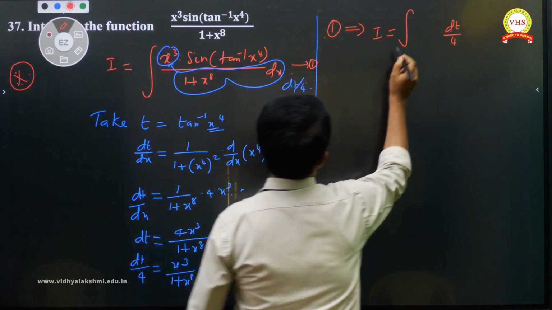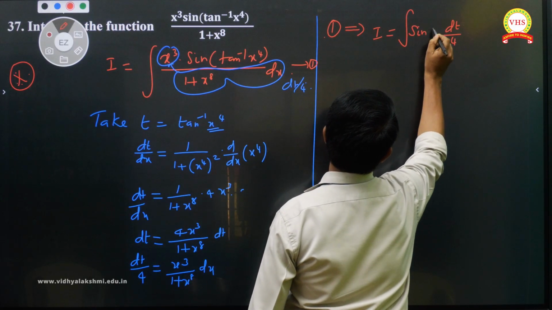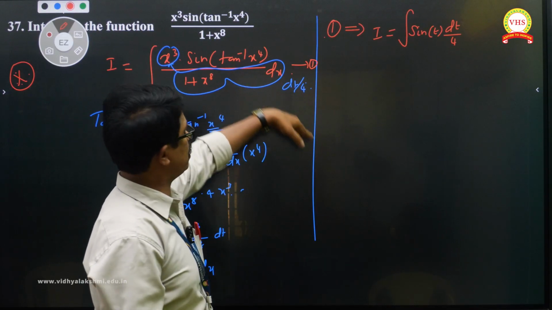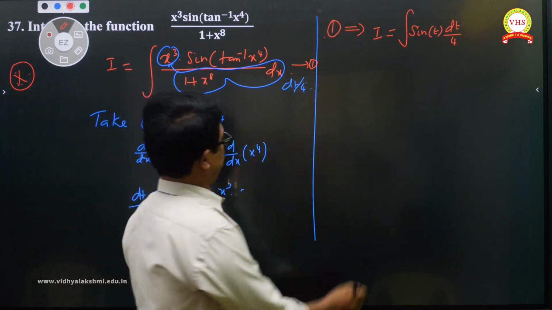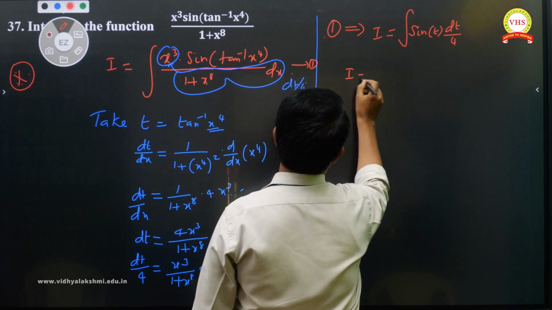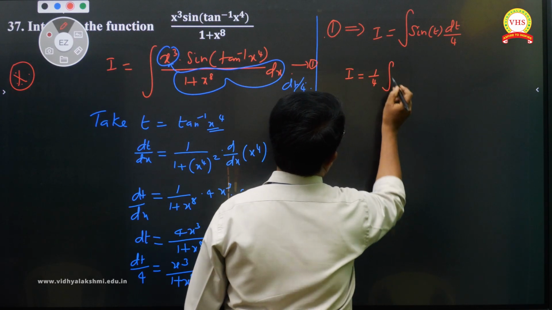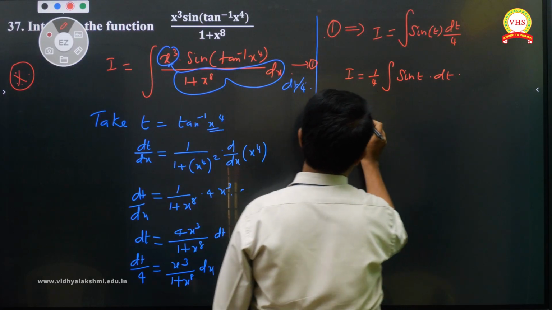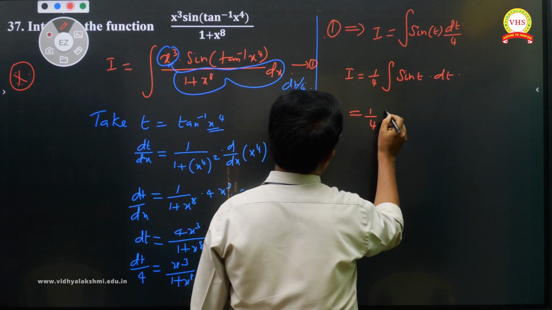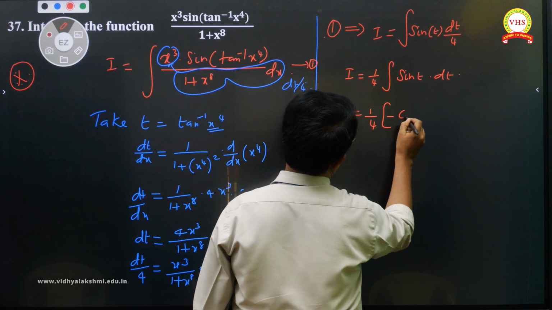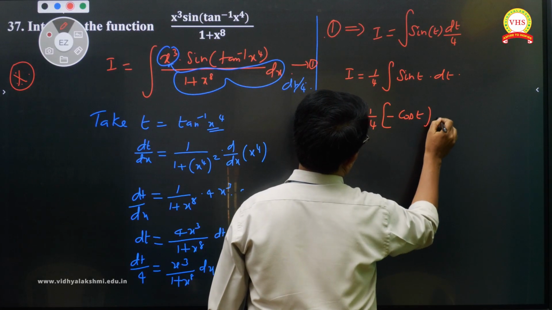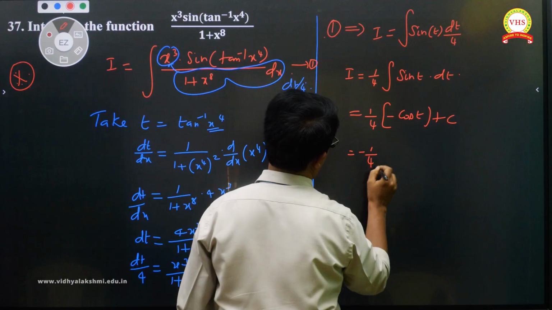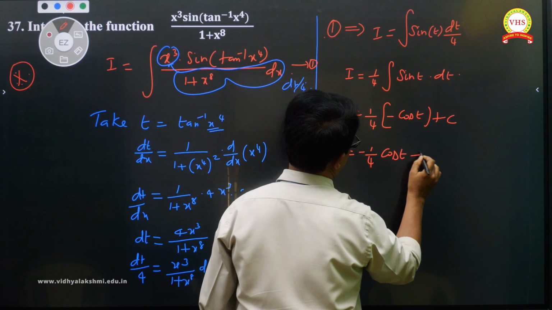Then sine of what we are considering, tan inverse x power 4, as t. Now the constant is taken outside: 1 by 4 into the integral of sine t into dt. It is a simple integration. 1 by 4 times the integral of sine t is minus cos t plus c, so finally minus 1 by 4 into cos t plus c.